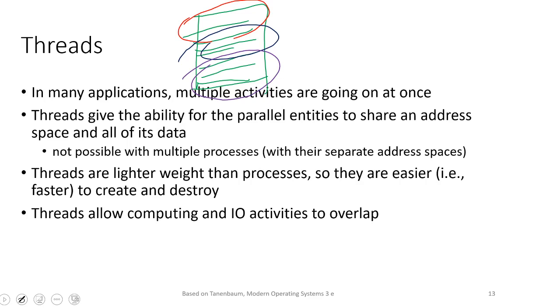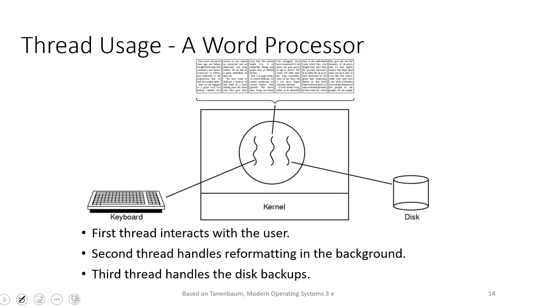With threads, they are much similar to processes and you can switch between them. But the main difference is threads share the same address space because they exist within the same process. And they are also much simpler than processes in comparison.